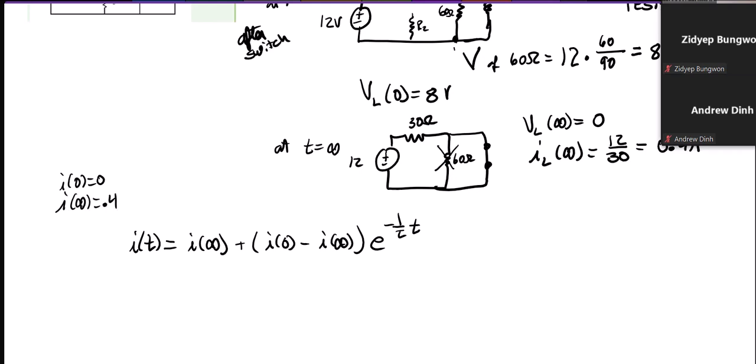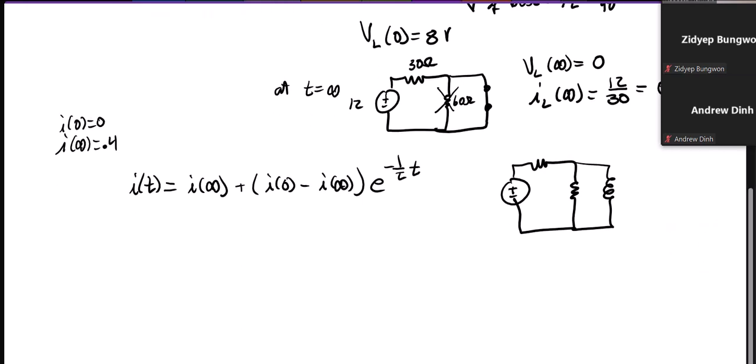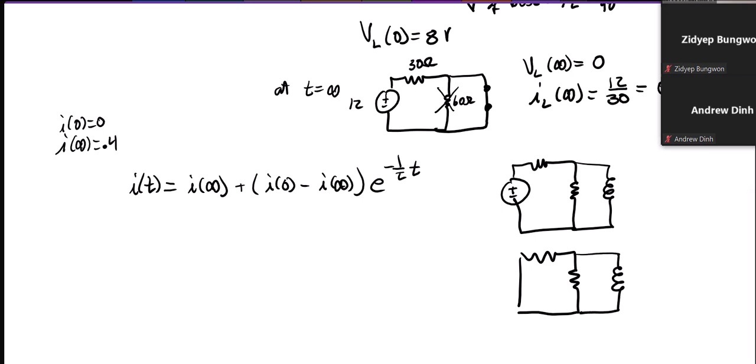I still need tau. So for tau, I want to look at my circuit the way it looks during its transient time. And I want to find the Thevenin equivalent as viewed by the inductor. To do that, I'm going to short my voltage source. This was 60 ohms, and this was 30 ohms.